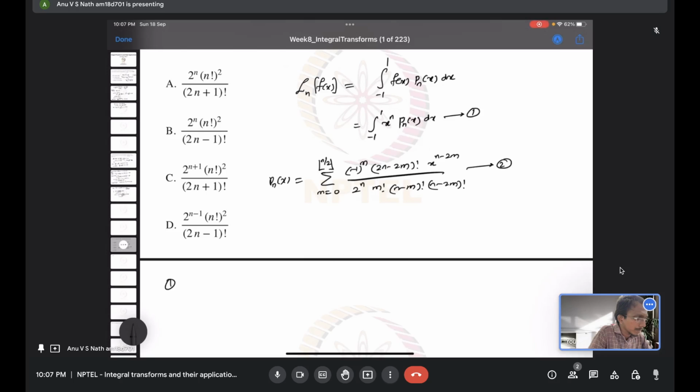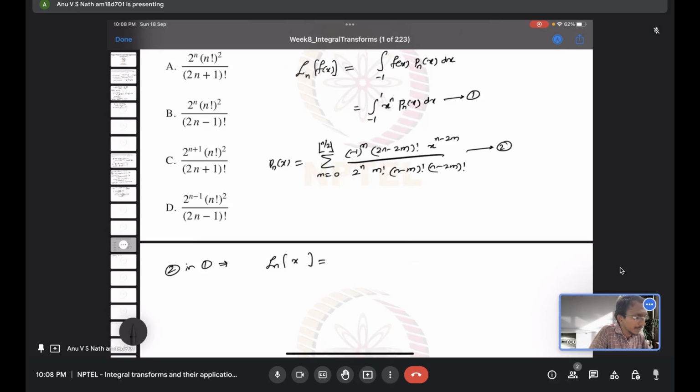Substituting 2 in 1, we will see the Legendre transform of Pn of x, oh sorry, not Pn of x, is the integral from minus 1 to plus 1 of x raised to n, then summation small m equal to 0 to n by 2, (minus 1) raised to m, (2n minus 2m) factorial, x raised to n minus 2m, the whole divided by 2 raised to n, m factorial, (n minus m) factorial, (n minus 2m) factorial, then dx.